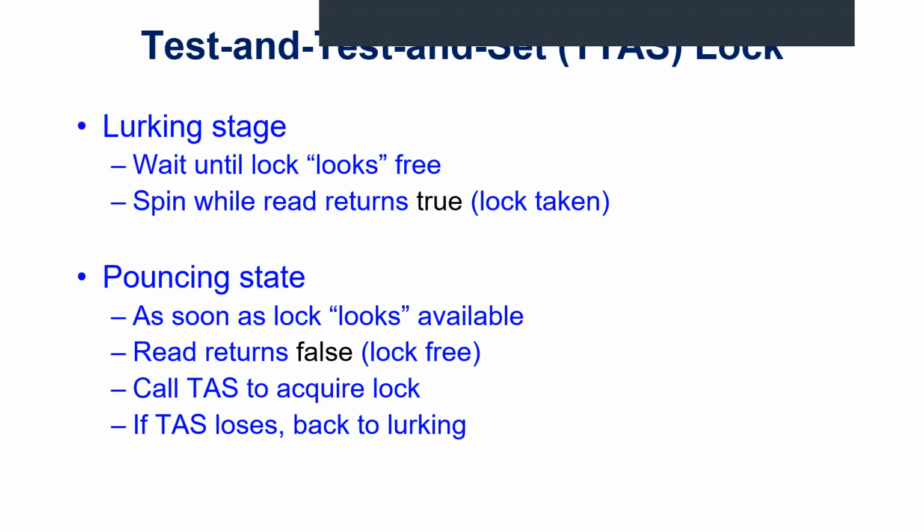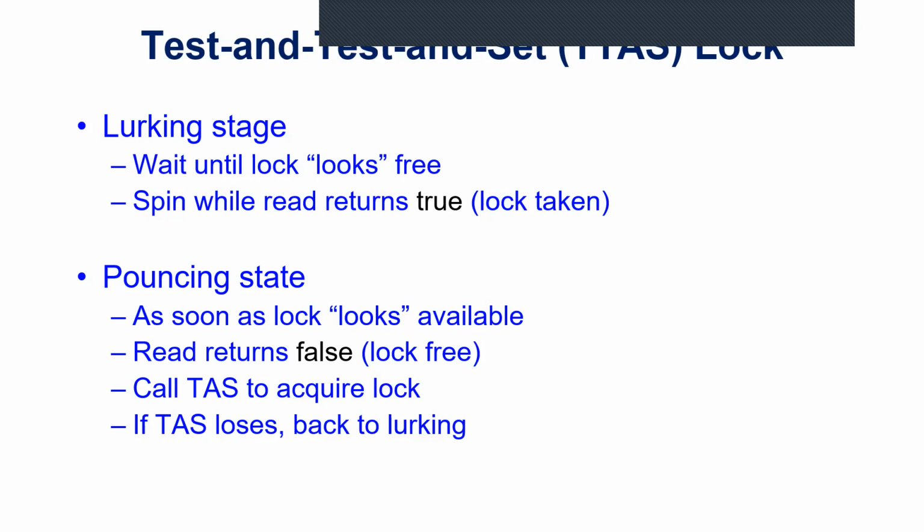The first one is the lurking stage. Lurking stage means wait until the lock looks free. During the lurking stage, a thread is waiting until it perceives the lock is available or looks free.